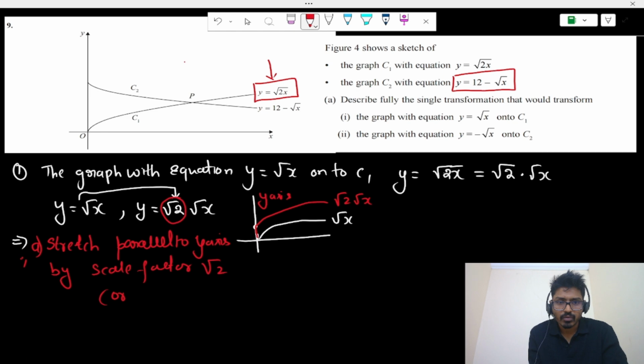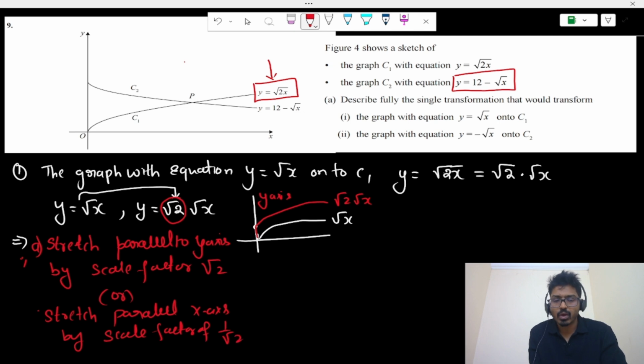That is for the vertical axis. For the same question, you can also write multiple answers: a stretch parallel to the x-axis by scale factor of 1 over root 2 on the x-axis, which is the reciprocal. So this would be the answer for part A.